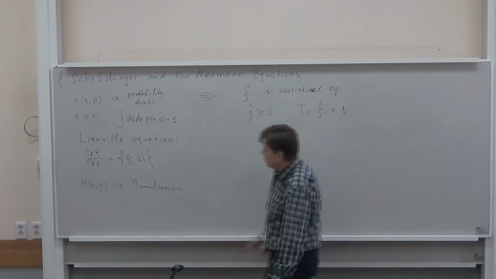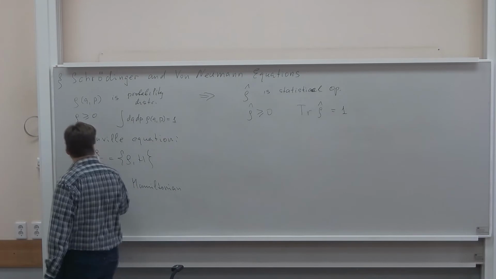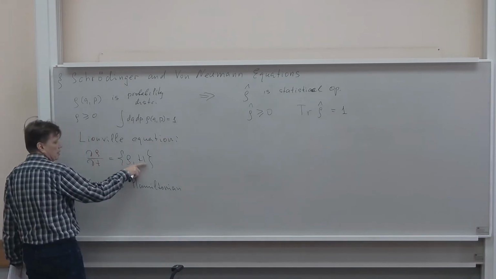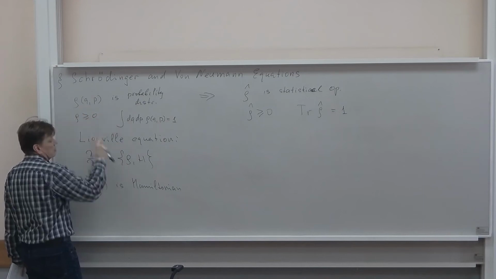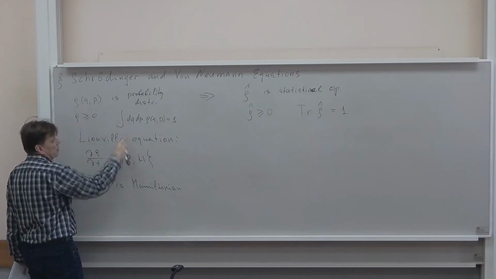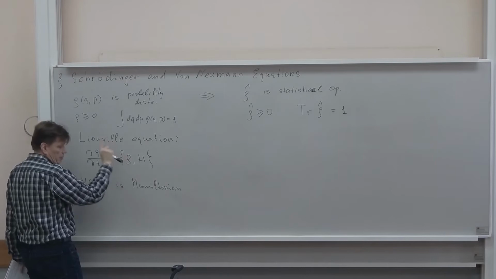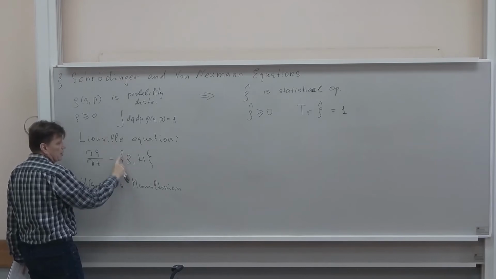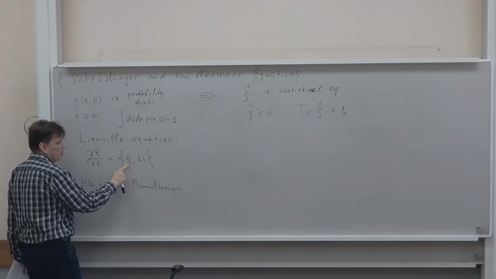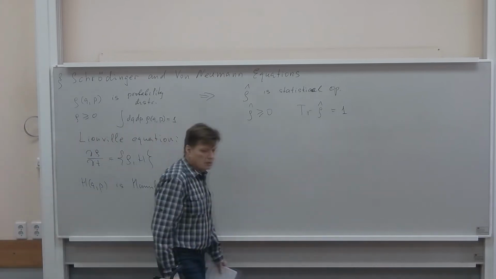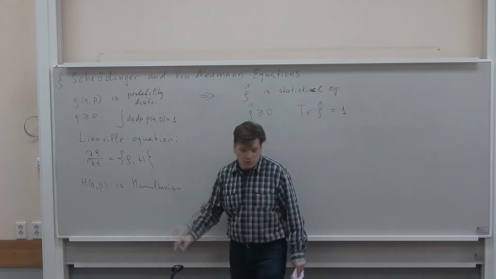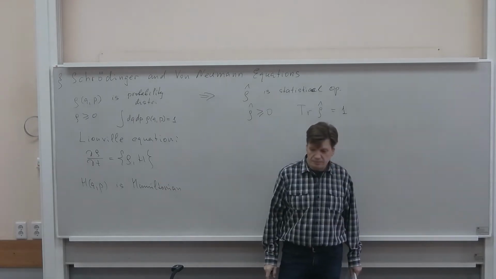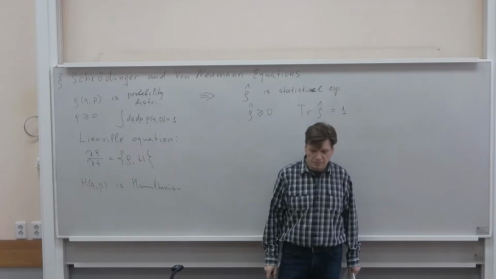The Liouville equation contains physical quantities like the Hamiltonian. It also involves the density operator or probability distribution, and the Poisson bracket of rho and H. What should we do with this Poisson bracket? Yes, you're right.